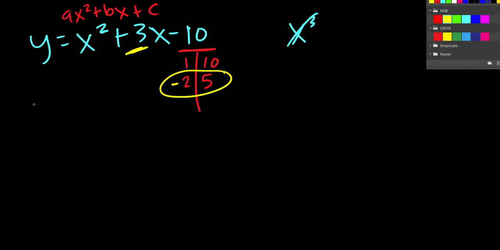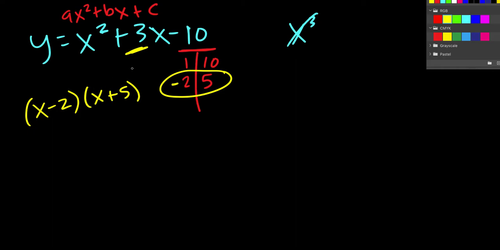Then we just take those two and we say x minus 2 and x plus 5. Okay, notice how the -2 right here translates to a -2 over here, and the 5 right here translates to a 5 right there.